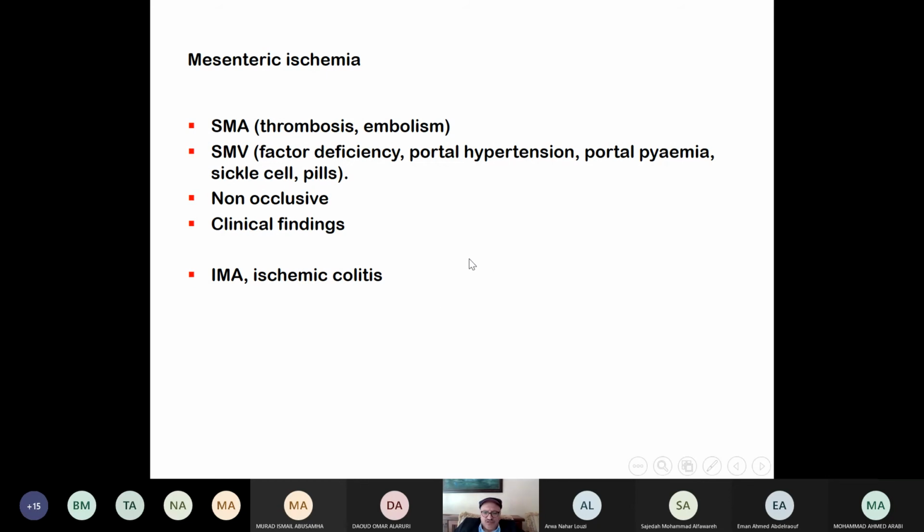The bowel is ischemic. It is not contracting. It is not functioning. Mesenteric ischemia refers to a problem in the superior mesenteric system, whether artery or vein, or non-occlusive when the heart is not pumping.